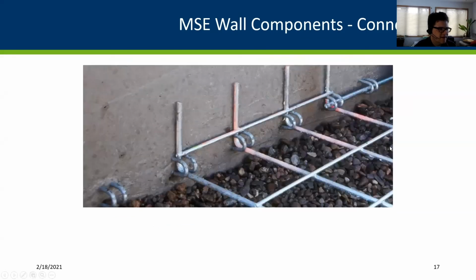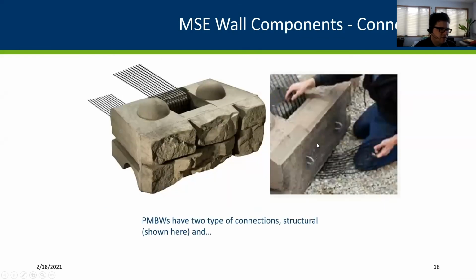We also see this connection, though it's not as common, which just consists of some loops. This is more for a wire grid reinforcing, and you put the wire grid there, and then you just slide a bar to hold the grid in place. And then, of course, for our precast modular block walls, you might have a structural connection, much like is shown here, where a foot-wide strip of extensible reinforcement will go in there.